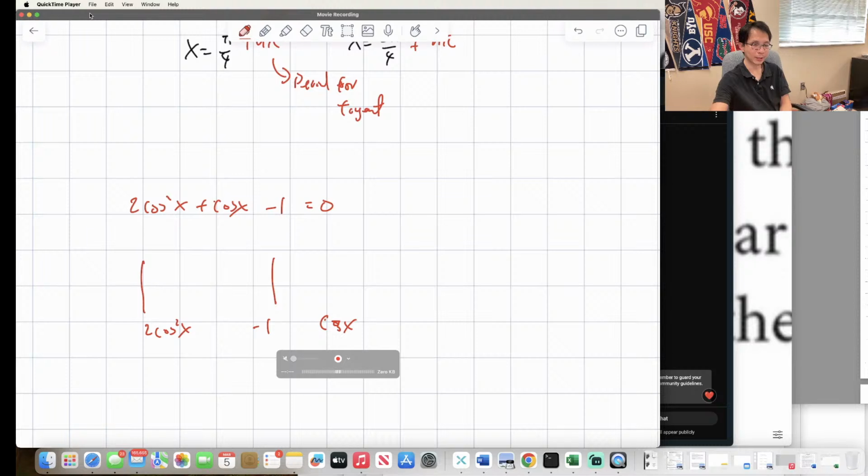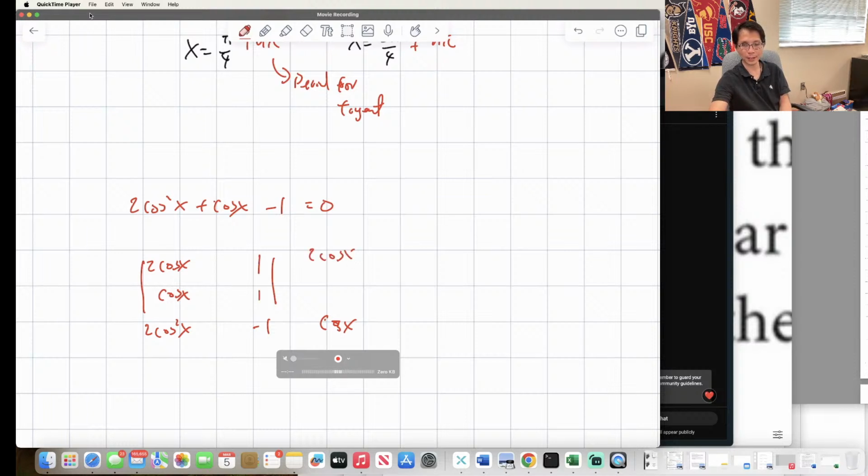It's so nice. Which two things multiplied together give you 2 cosine square of x? Not cosine square of x. 2 cosine of x, cosine of x. Does that make sense? That's going to give you 2 cosine square of x. Well, what times what equals 1? 1 and 1, right?